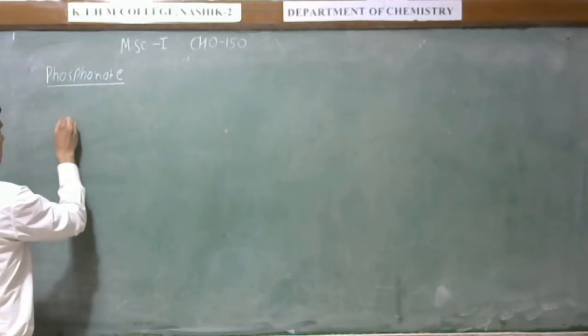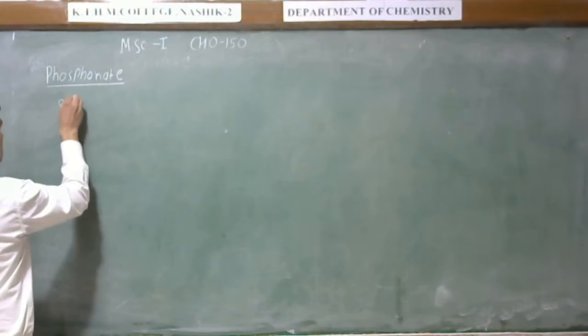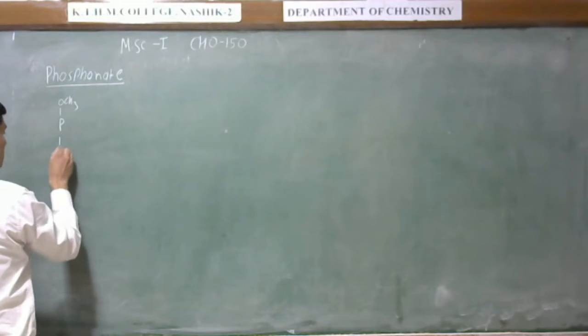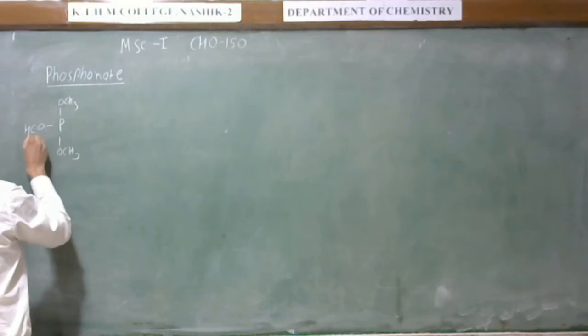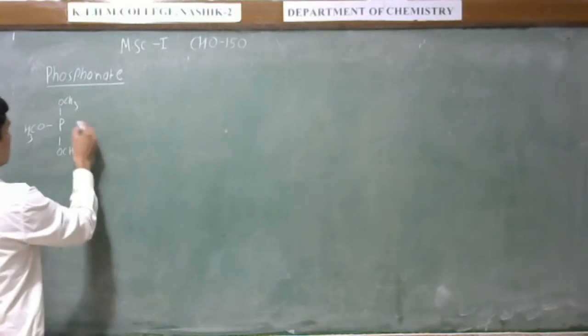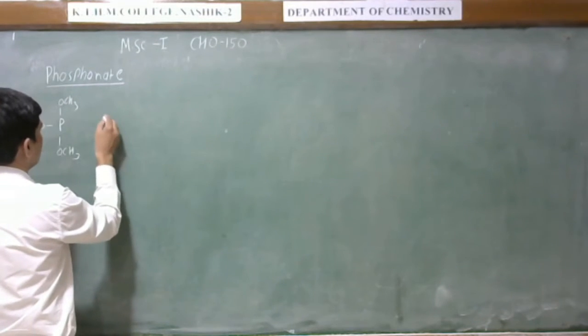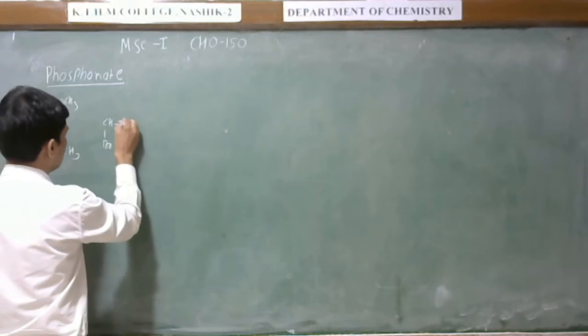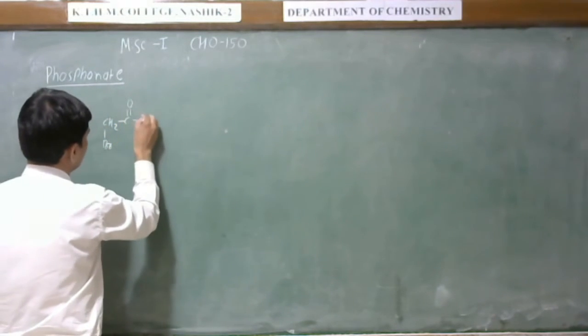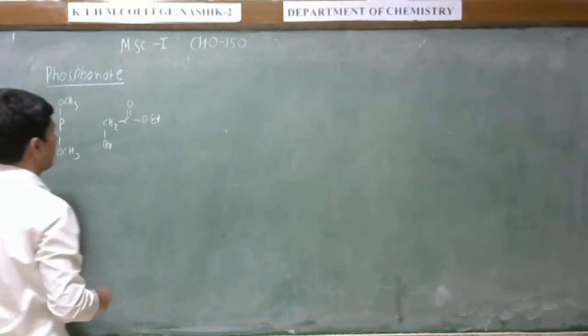See, this is the phosphorus, this is OCH3, this is OCH3 here, and this is OCH3 here. So when trialkoxy phosphorus reacts with this compound, this is the bromine here, this is C double bond O, and this is OEt here.